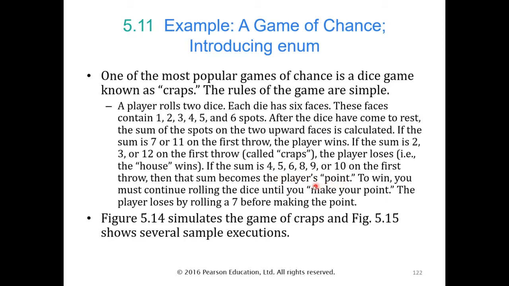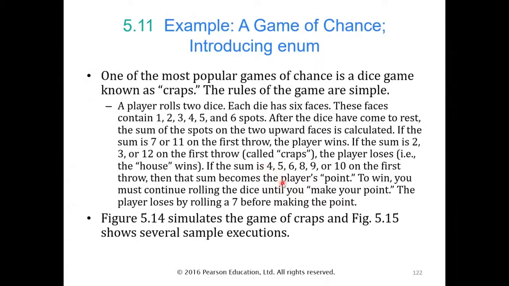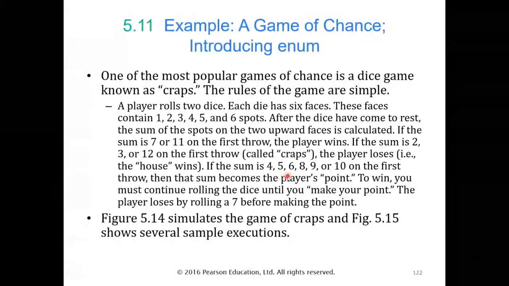You have to throw the die again, and to win, you must reproduce the same number. So if you roll the die and you get the number 5, then you have to keep throwing the die until you get the number 5 again.